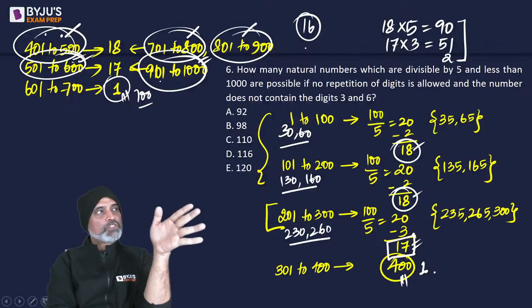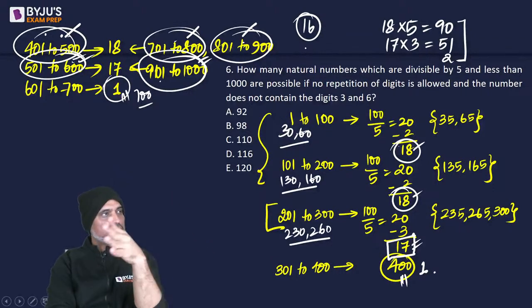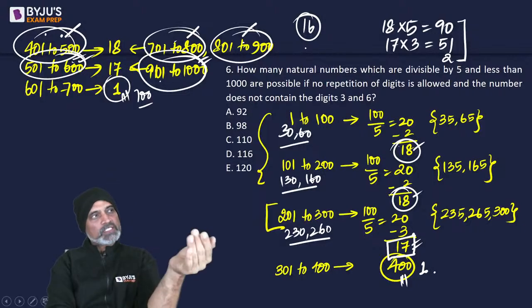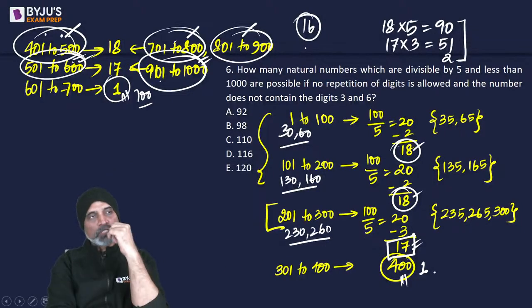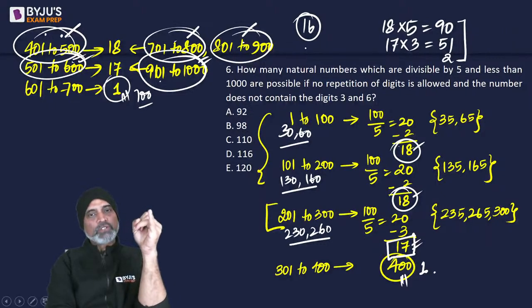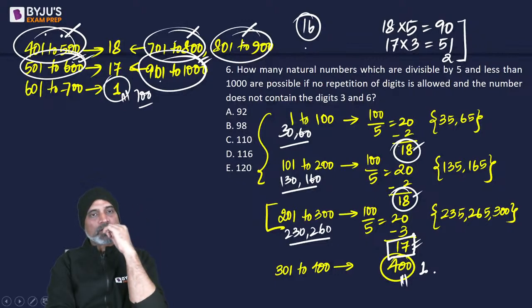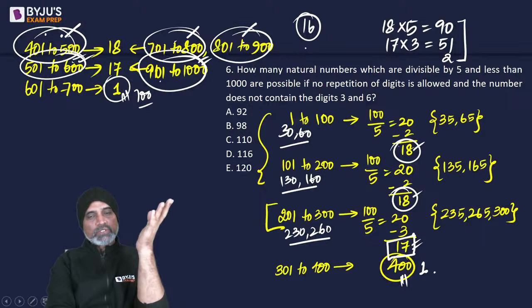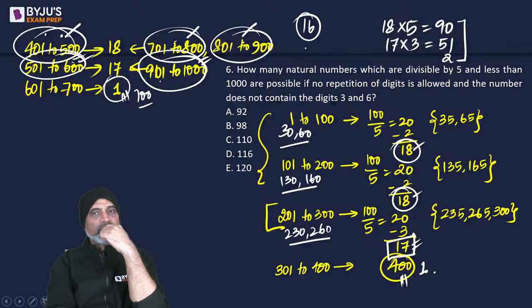Similarly, we can have 3 at the hundreds place. We can't choose that. We can have 6 at the hundreds place. Even we can't choose that. So effectively, there are 2 less in every 100 numbers except 301 to 400 and 601 to 700. So that's 800 values. And 800 into 16. Sorry, 8 into 2. 16 further should be subtracted.